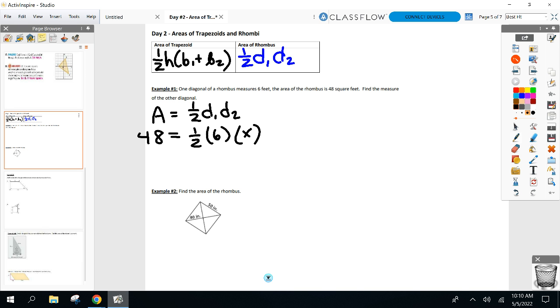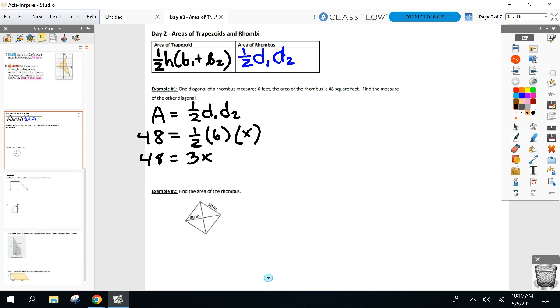Okay, that's fine. Do 1/2 times 6. Did anybody think they want to multiply by 2 to get around the 1/2? That's fine too. 1/2 of 6, 3. So I get 3x. Or if you multiplied by 2, you get 6x equals 96. Fine.